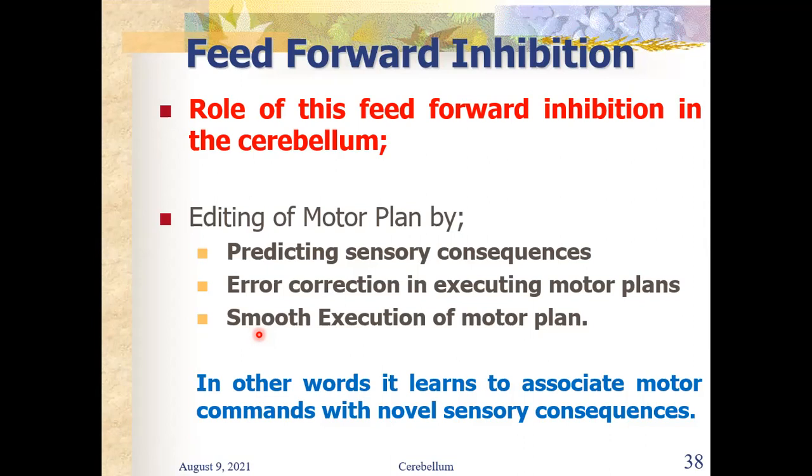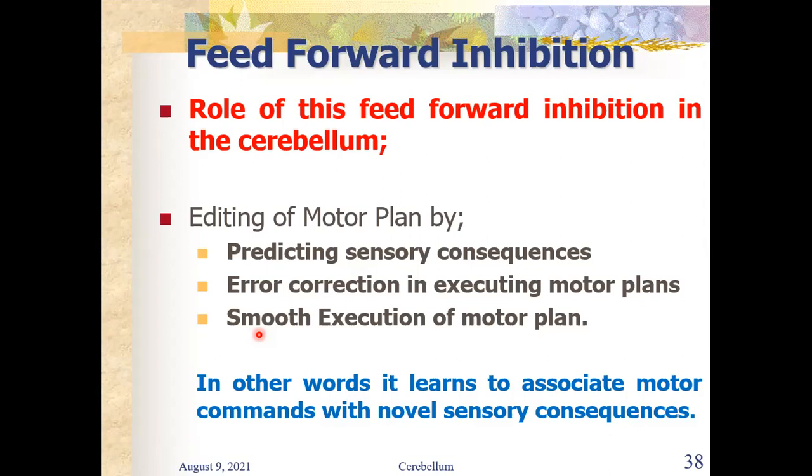So in the process of executing a motor command or a motor plan that has been prepared by the cerebellum and the cerebral cortex, the cerebral cortex and the cerebellum work hand in hand in executing a motor plan.